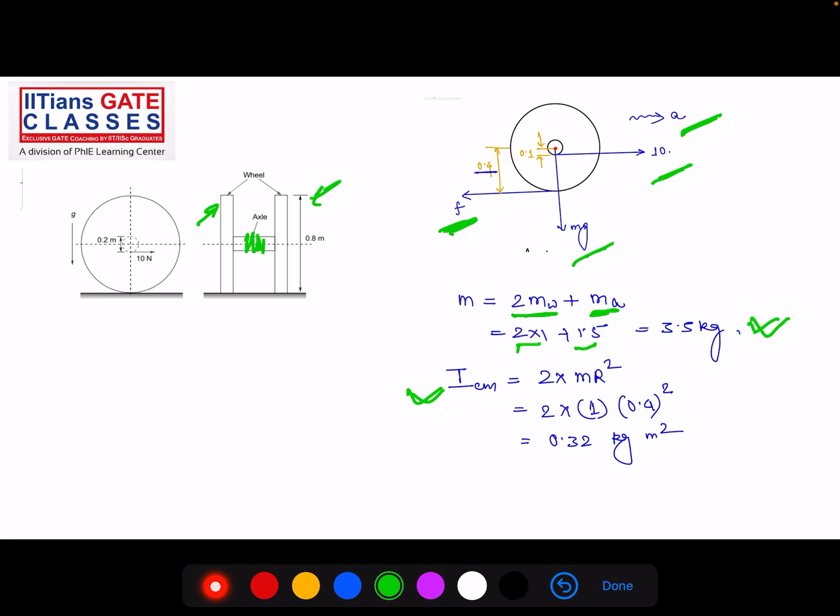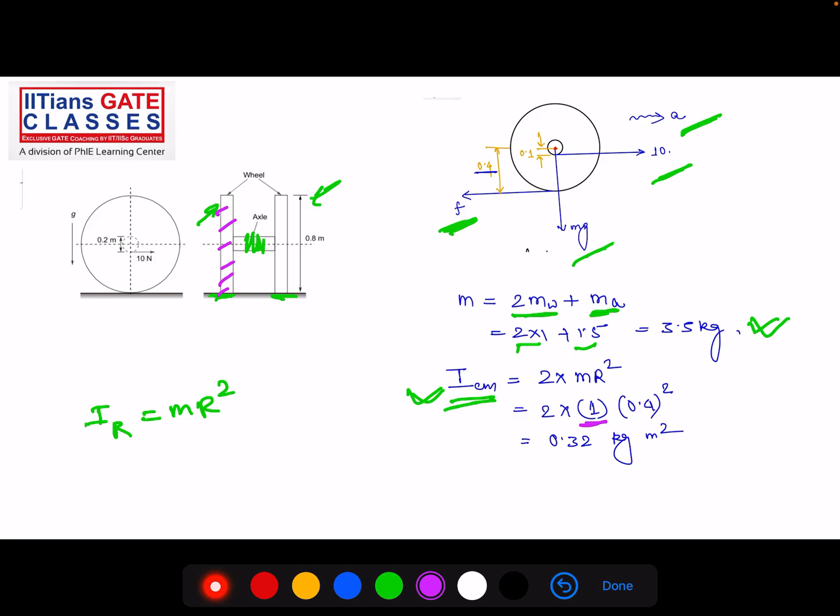So they will behave, we can consider them to be ring. So what is the moment of inertia of rings? Moment of inertia of rings is equal to mr square, right? There are 2 wheels here, so it will be 2 mr square. So what is the moment of inertia about center of mass? 2 into mr square. We will not consider the total mass, we are just to consider the mass of individual wheel, that is 1 kg into r.